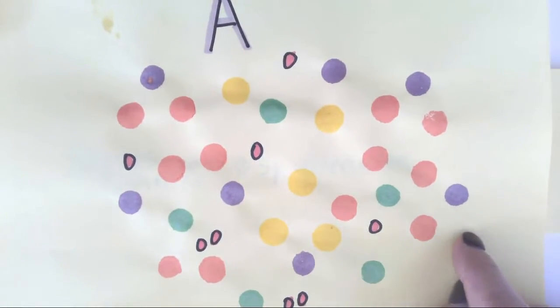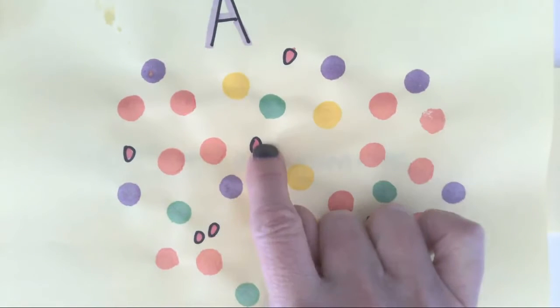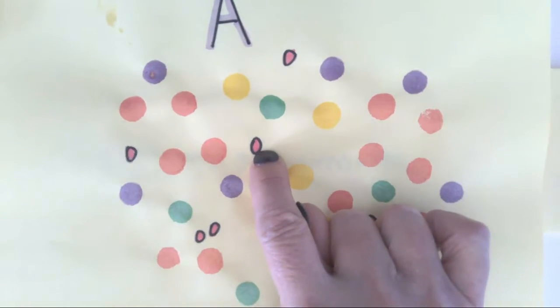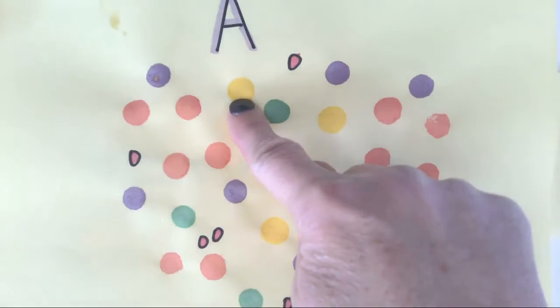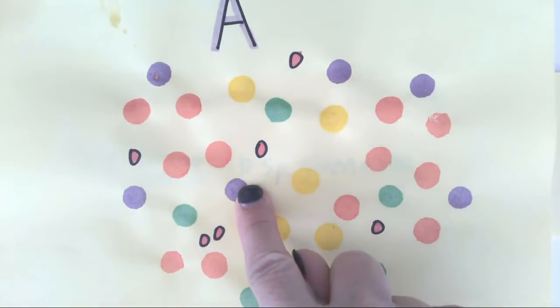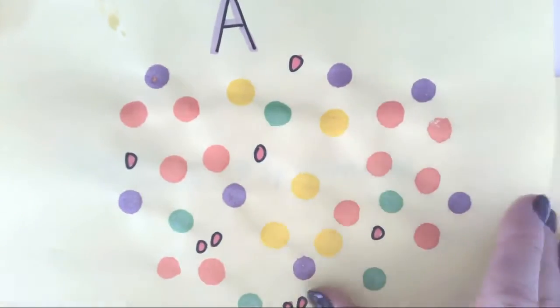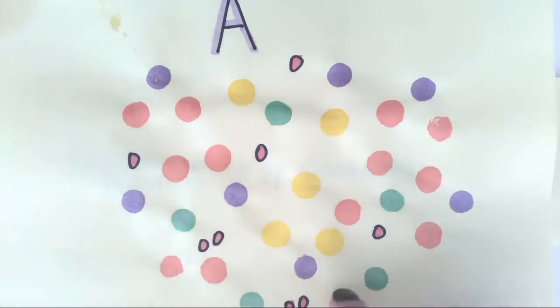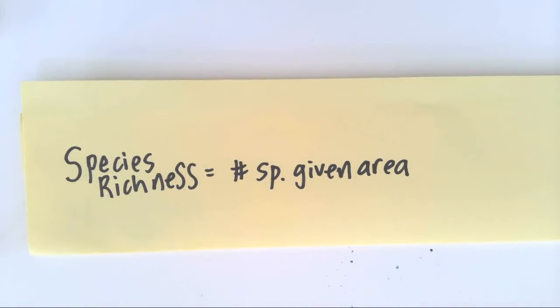So it looks like we've got a pinkish reddish species, a pinkish reddish species with a black circle around it, a green one, a yellow one, and a purple one. So I think that's 5 different species. So this means that there's 5 different species present, and that's the number of different species in a given area.